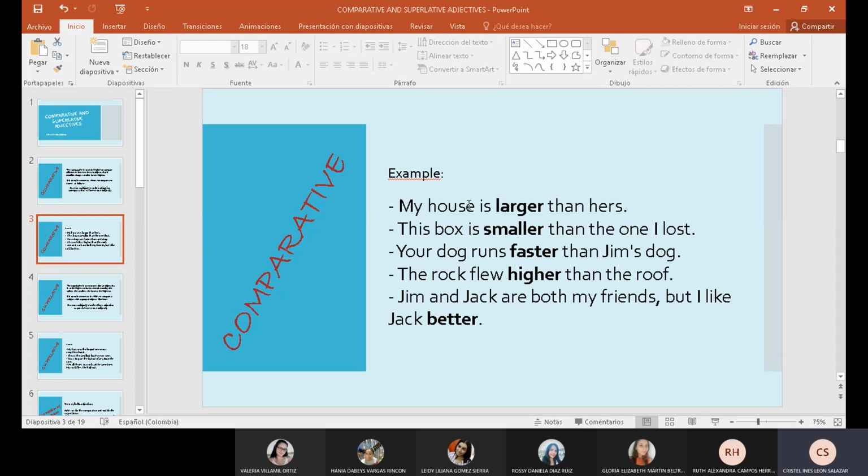Su perro corre más rápido que el perro de Jim. The rock flew higher than the roof. La roca voló más alto que el techo. Higher.